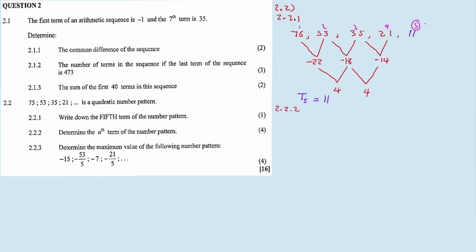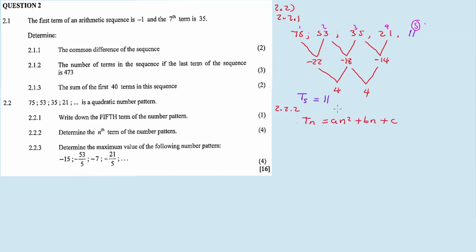2.2.2, determine the n term of the number pattern. Finding the n term, whether it's an arithmetic sequence or a geometric sequence, this is where you grab marks again. The n term for a quadratic number pattern is Tn equal to an squared plus bn plus c.